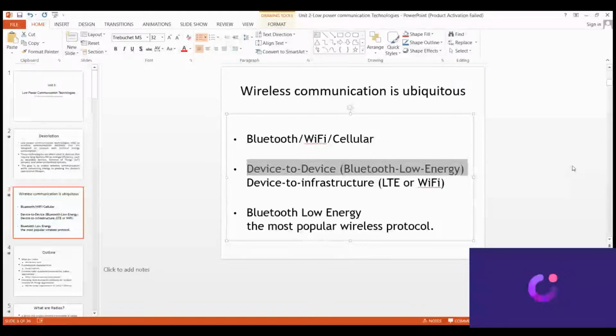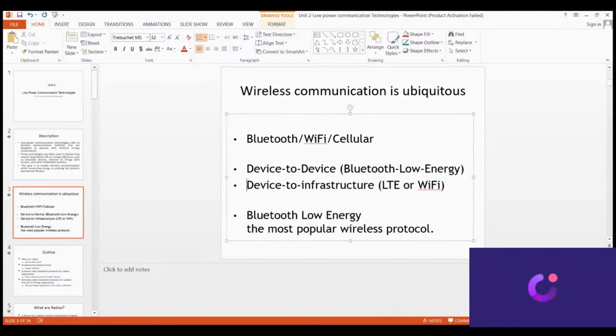Then we also have what we call device to infrastructure, where we talk about long-term evolution. It's a technology that is used in wireless communication.